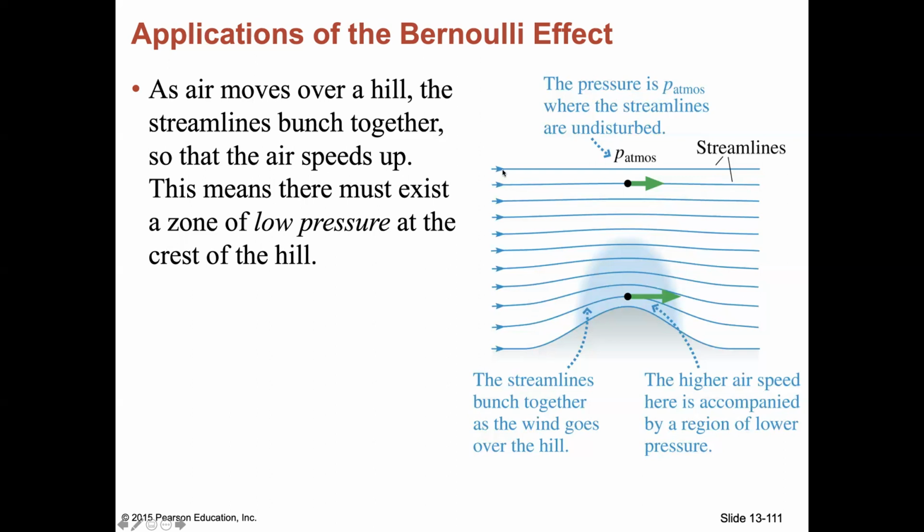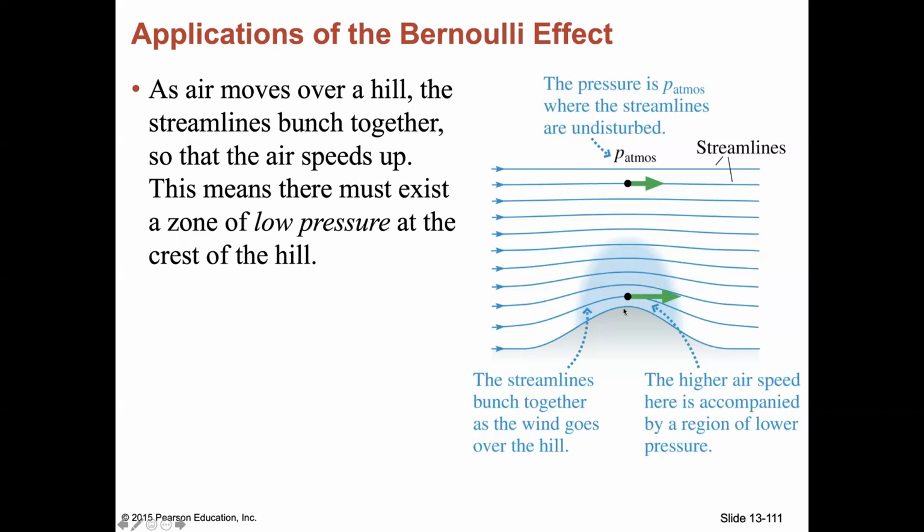So if we look at the air streamlines above the hill, you will see at a very high level, the streamlines are parallel. But when it's getting closer to the ground and the hill, you will see the streamlines bended, and on the top of the hill, the streamlines are much denser.